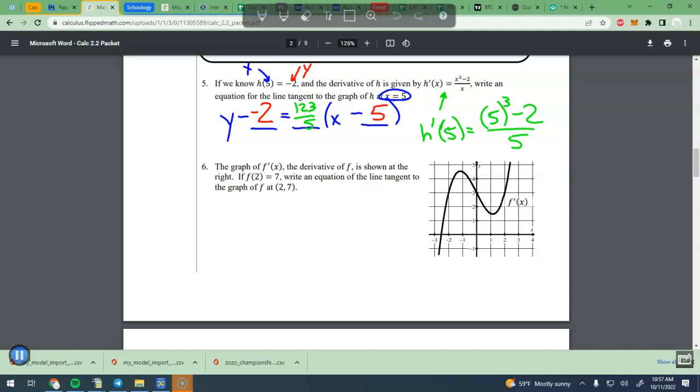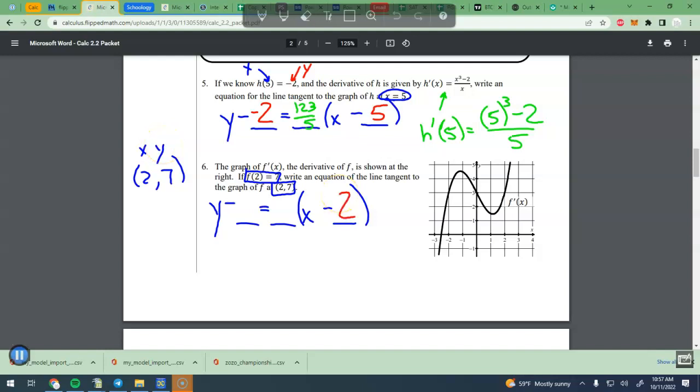Okay. 6, same idea. So y minus blank equals blank times x minus blank. So they're giving me this point right there. But what that's telling me is the x value is 2 and the y value is 7.